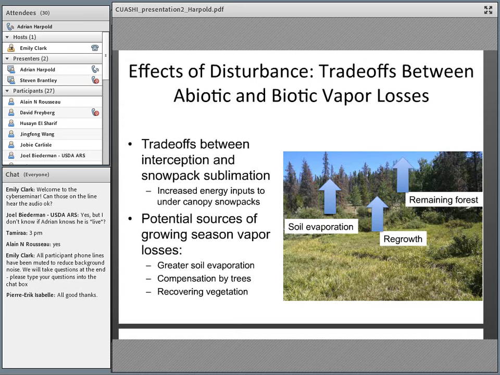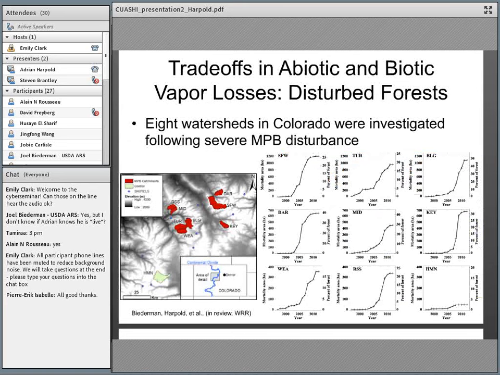But we were interested in asking the question, does our first order watershed represent responses across this region? So some work that Joel Biederman has been leading and has just been submitted tried to do this across a range of sites along the Continental Divide in Colorado.